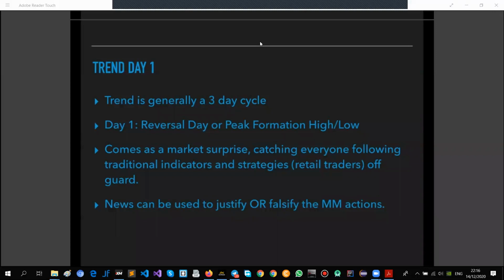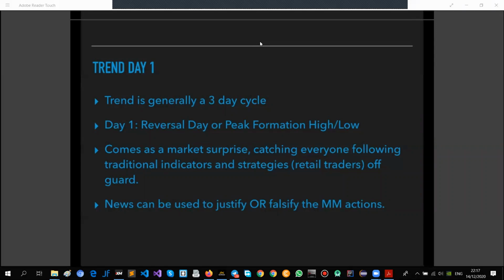Such movement is usually facilitated and justified by the market makers using news. This simply means the market makers hide behind news and blame the news for moving the market, yet they're just succeeding in forming a reversal, or a peak formation, high or low.